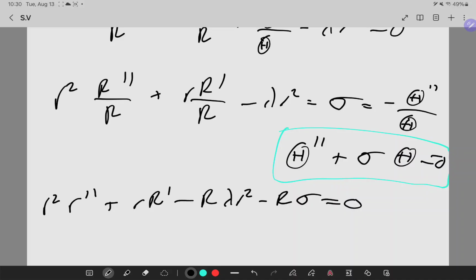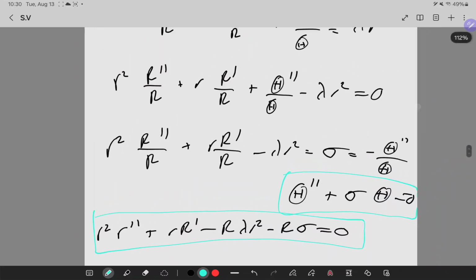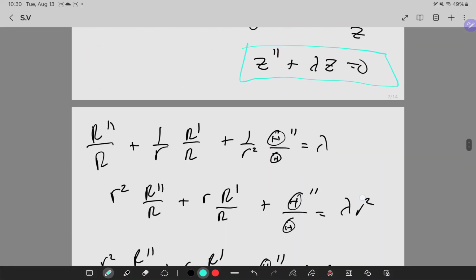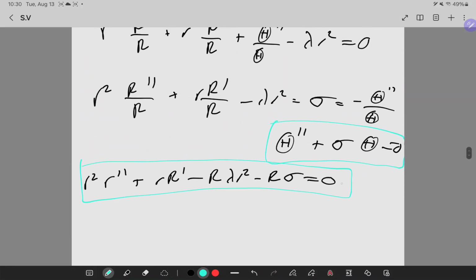So that should be the full answer, I believe. Let's see. Oh, they left it on the right? That's the same thing. But yeah, that's what I got, right? So that's it. They just left the sigma R on the right.